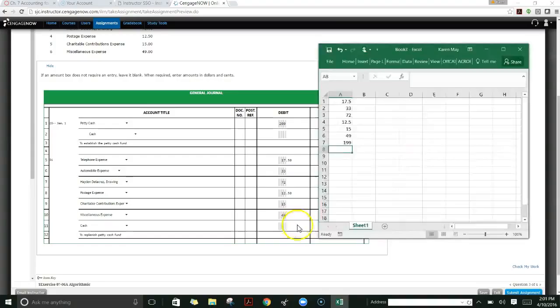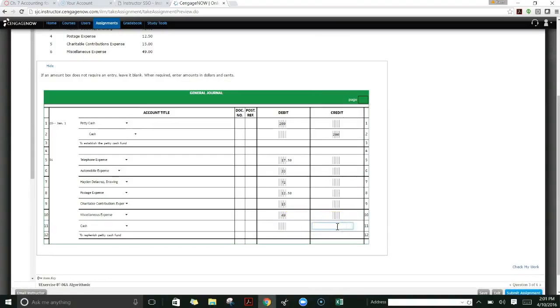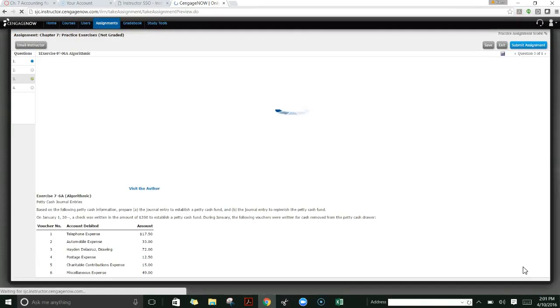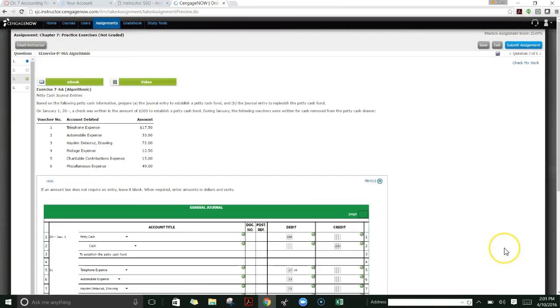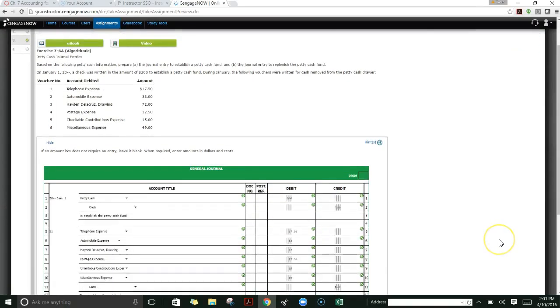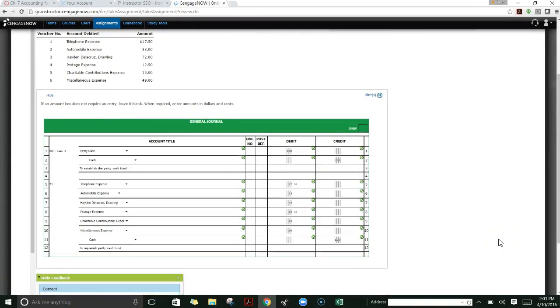It's a total of $199 credit, and this is called a combined entry. We did one of those when we were closing our expenses account. And then check your work. And that's it for replenishing petty cash.